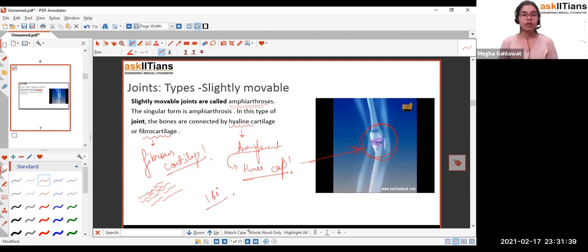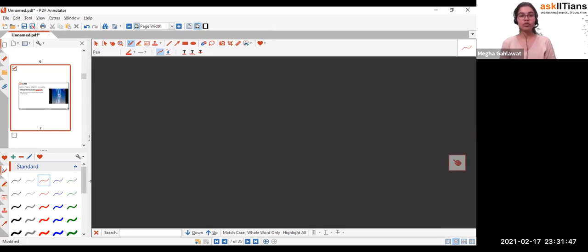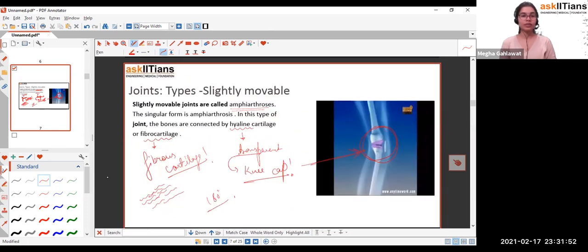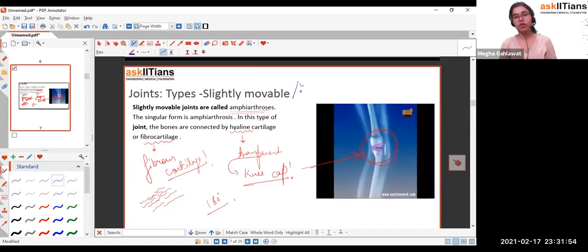Now see, most slightly movable joints are also present in the backbone. These types of joints are also called imperfect joints. Make sure that you properly understand these.